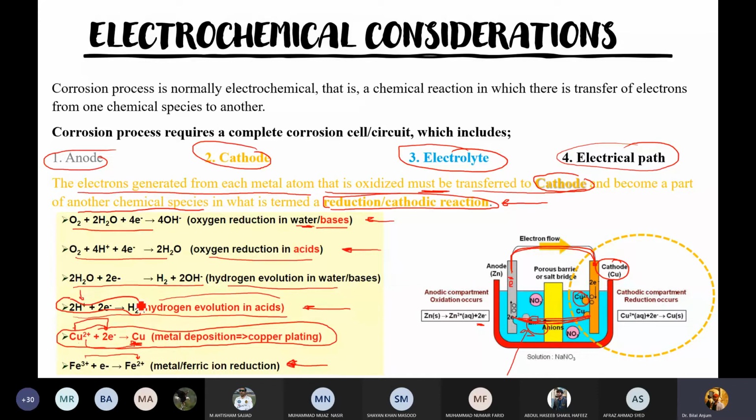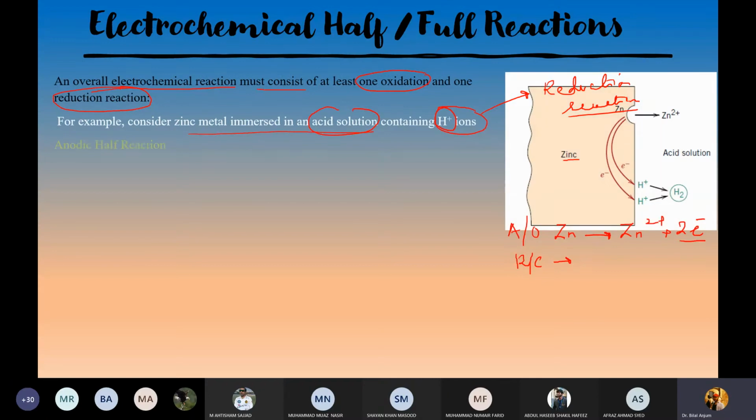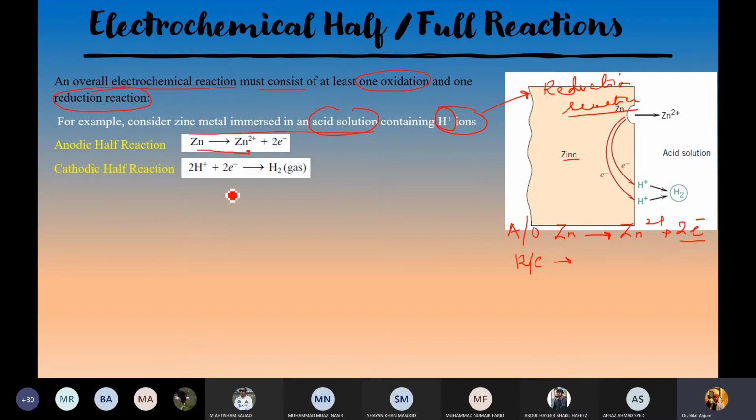Presence of H+ ions in an acidic environment would lead to this reduction reaction. So essentially, what is happening at the anode is zinc going to Zn2+, and at the cathode you have evolution of hydrogen gas from the H+ ions. These two half reactions are taking place. And if you notice, in both reactions two electrons are involved.